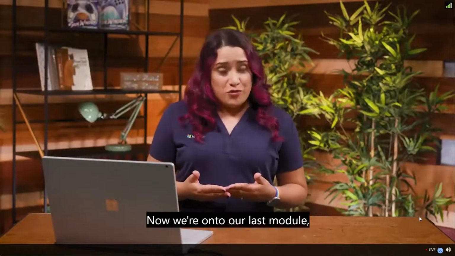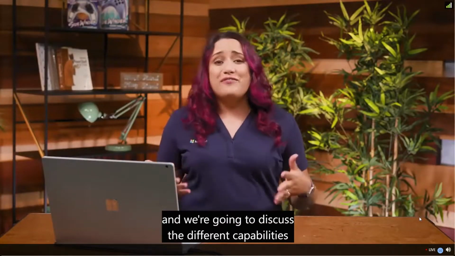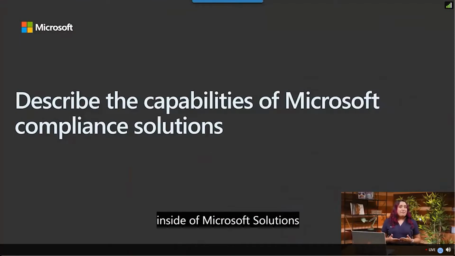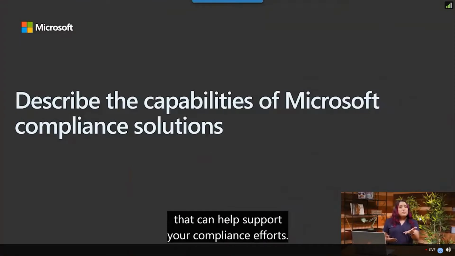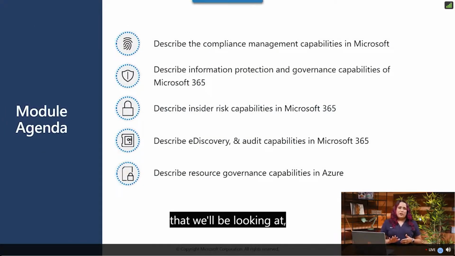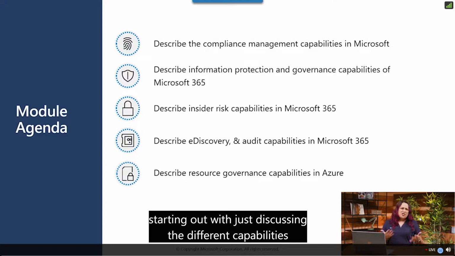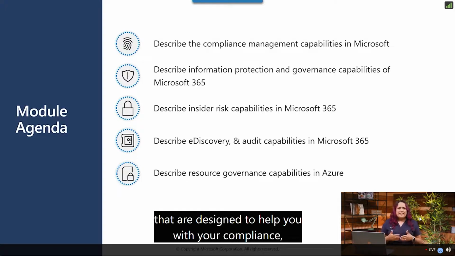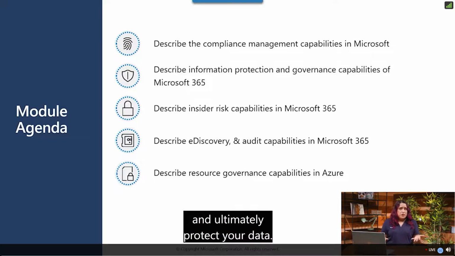To our last module, and we're going to discuss the different capabilities inside of Microsoft solutions that can help support your compliance efforts. In this module, we have 5 different lessons that we'll be looking at, starting out with just discussing the different capabilities that are designed to help you with your compliance and ultimately protect your data.